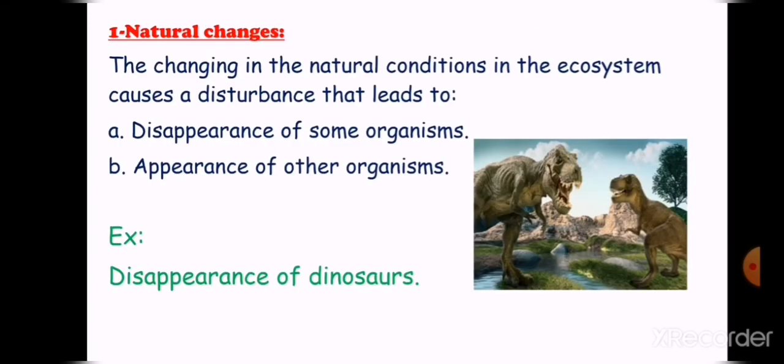Natural changes like the changing in the natural conditions in the ecosystem. This changing causes disturbance that leads to disappearance of some organisms and appearance of other organisms, like the disappearance of dinosaurs. So this is natural changes.